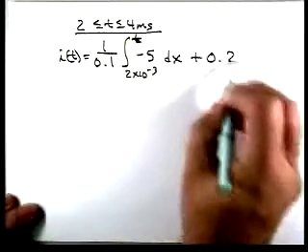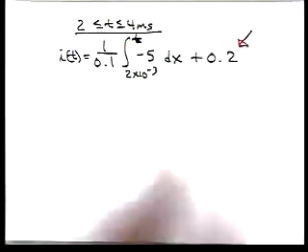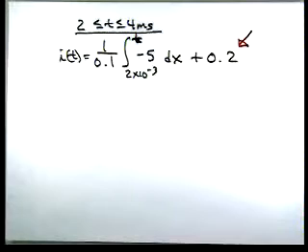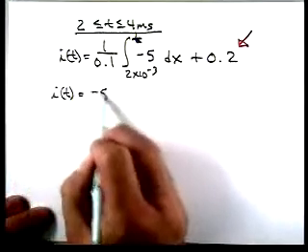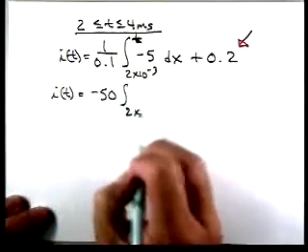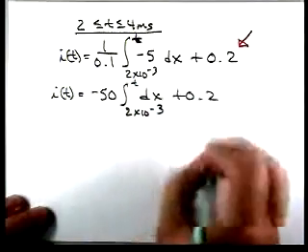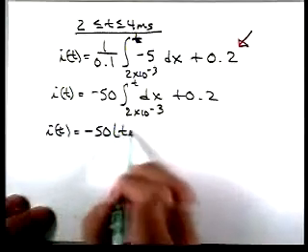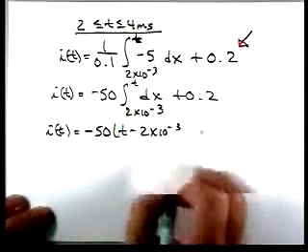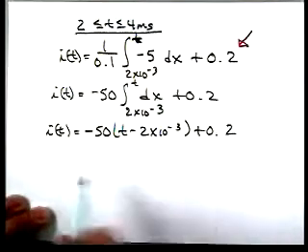Here's our 0.2 that we just calculated, from the continuity of current for the inductor. So we have -50 times the integral from 2 times 10 to the -3 to t of dx plus 0.2. So i of t becomes -50 times (t minus 2 times 10 to the -3) plus 0.2. There's our expression.